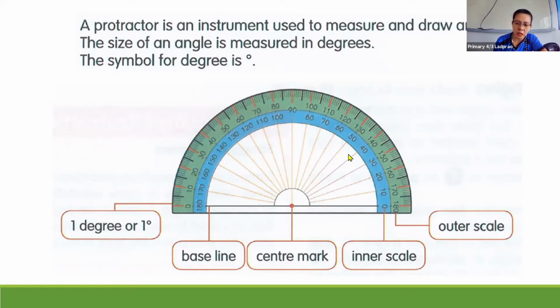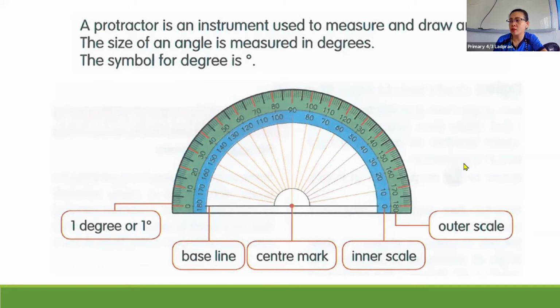This is inner, that's why it's inside, and this is the outer scale, that's why it is outside. So the terms that we are going to use are the center mark, baseline, inner scale, and outer scale. You understand? Alright, remember those terms.